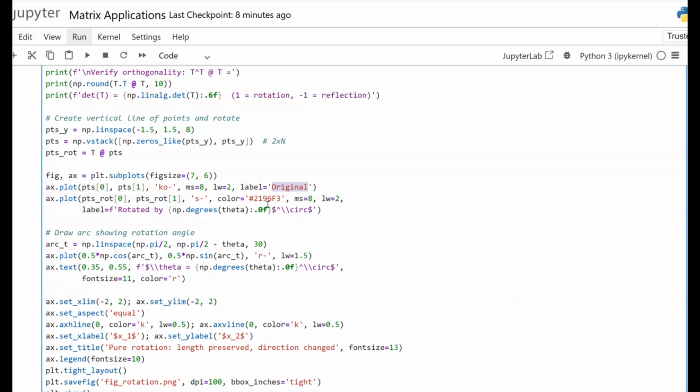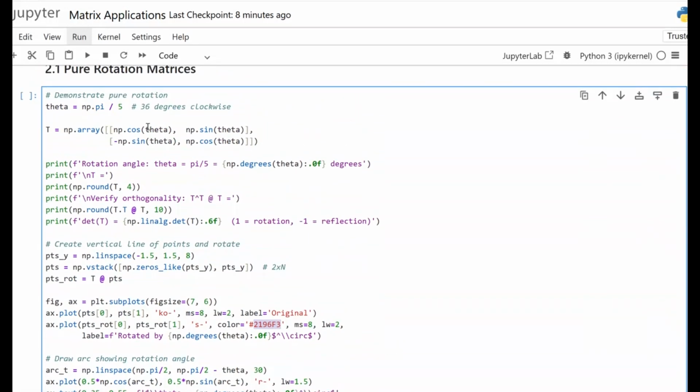This results in the line becoming a tilted line that is rotated clockwise by 36 degrees. That is what we have specified here.